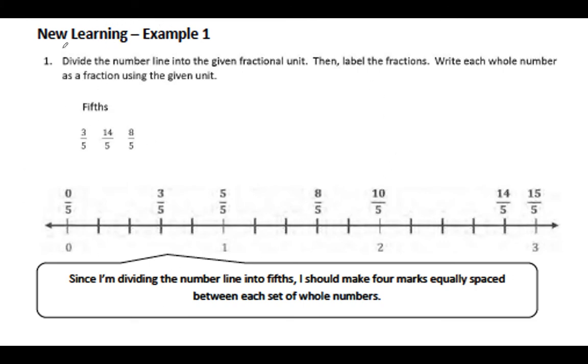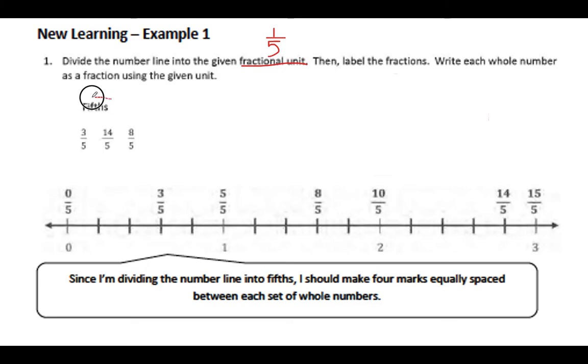So here's our first example for new learning. Divide the number line into the given fractional unit. That means the denominator, right? The unit fraction. So they want this divided into fifths, into 5 equal pieces, as you can see here. Then label the fractions. Write each whole number as a fraction using the given unit.